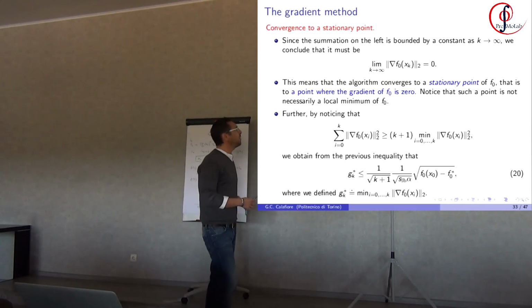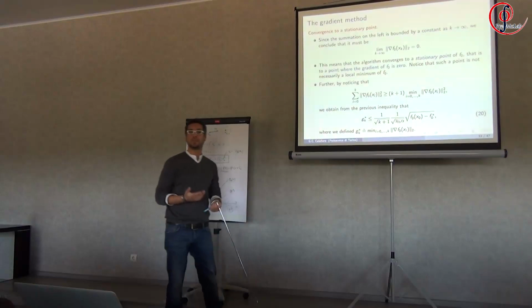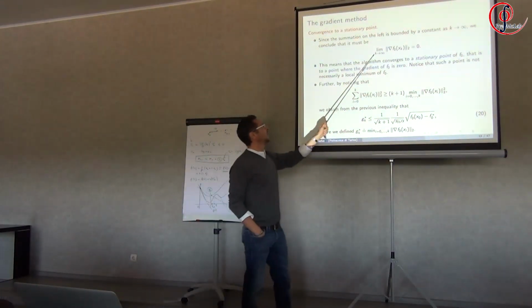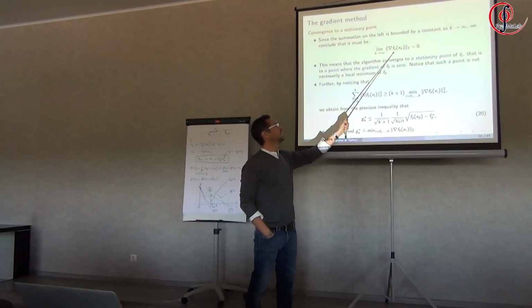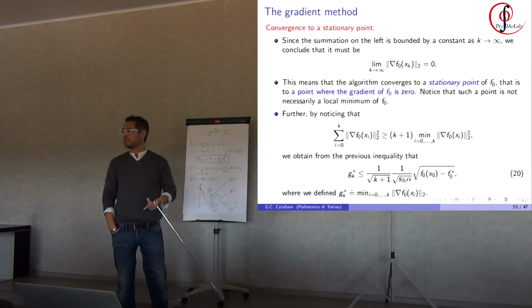And the only way that summation may remain bounded when you sum an infinite number of terms is that the limit over k of the summands has to tend to 0.